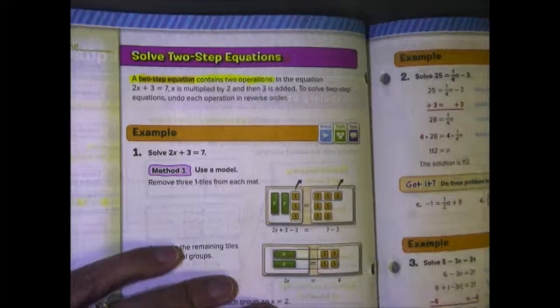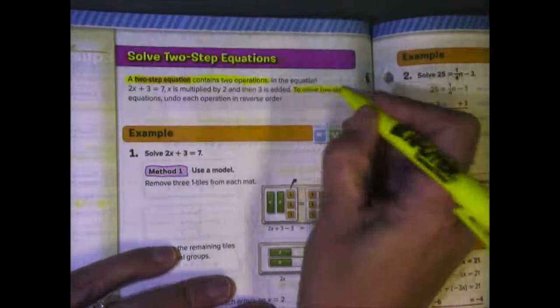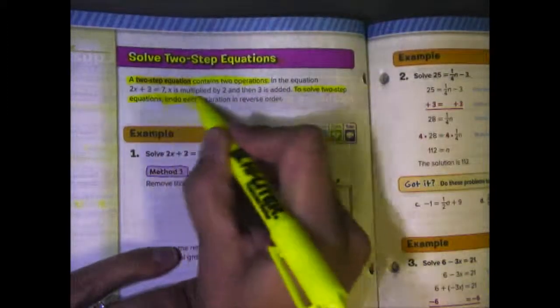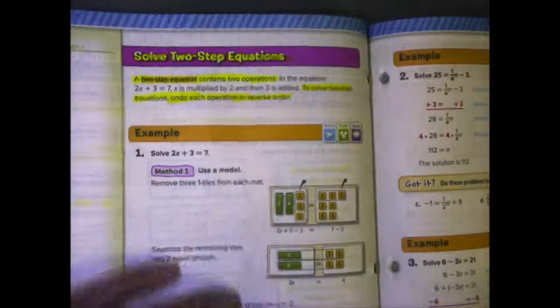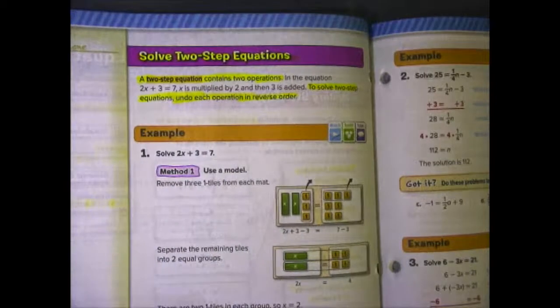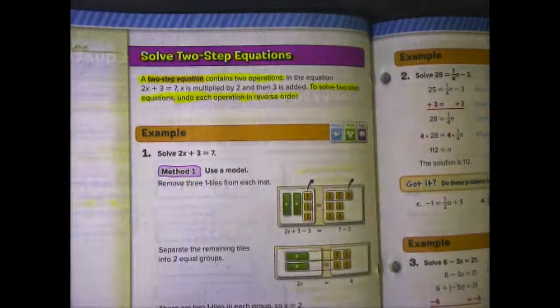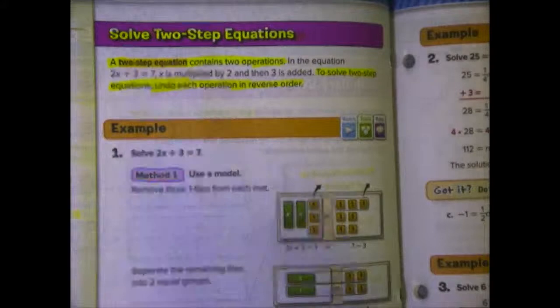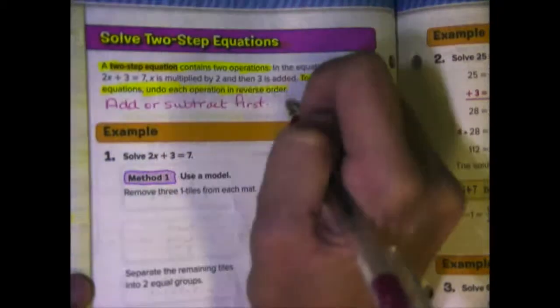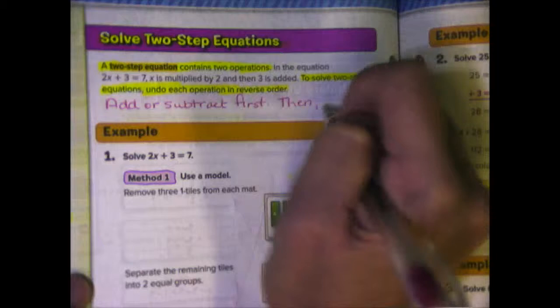To solve two-step equations, undo each operation in reverse order. The important part about solving two-step equations is that you need to remember that we always add or subtract first, then we multiply or divide.